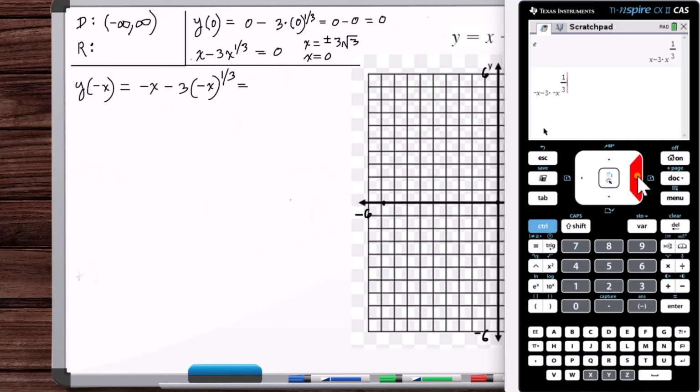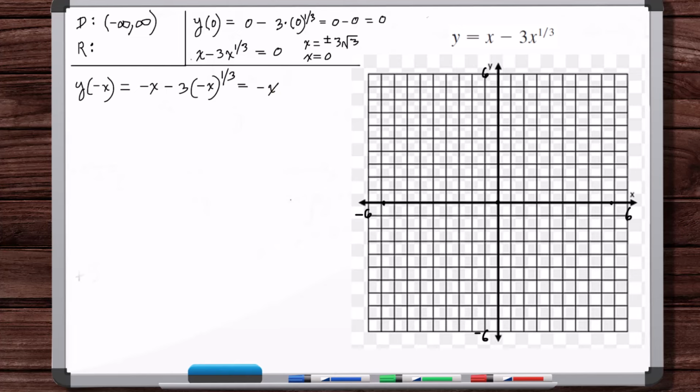So we get minus x minus 3 times minus x to the 1/3. So what we get is minus x plus 3x to the 1/3. And this is not equal to y of x.